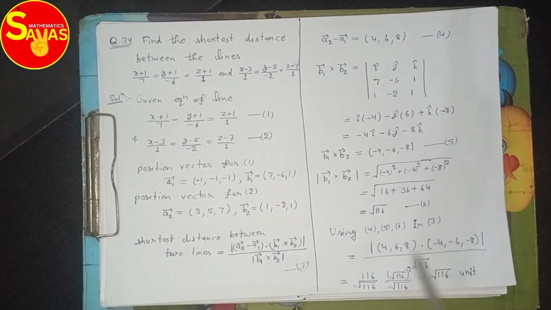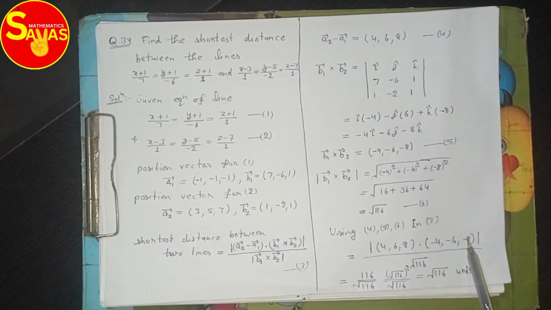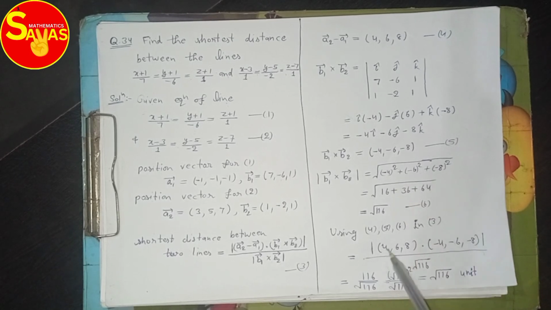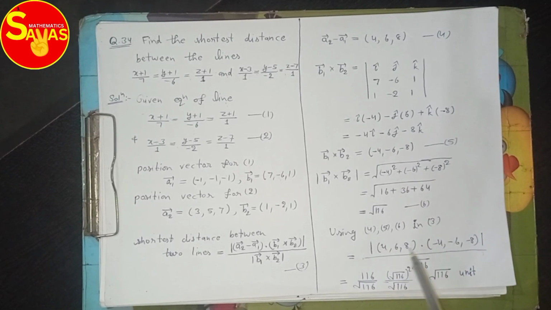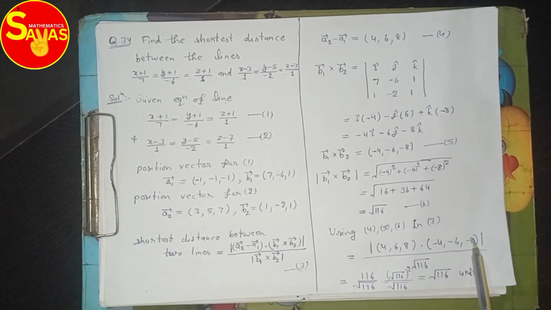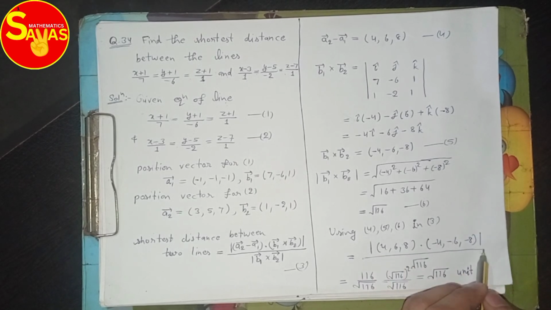Now the dot product is 4 into minus 4, 6 into minus 6, and 8 into minus 8. All the values are added with the sign minus, and the minus sign is cancelled out due to the modulus.